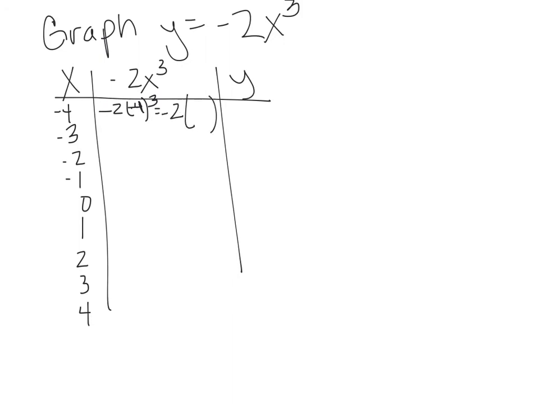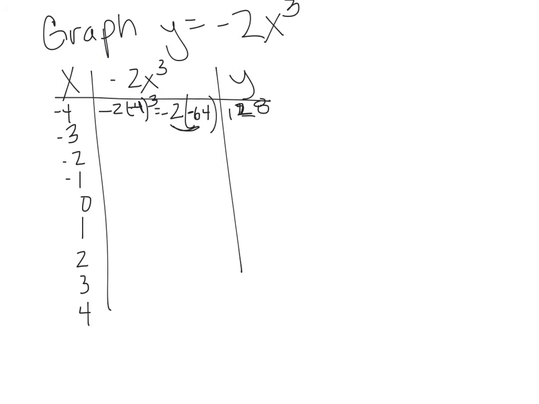And negative 4 to the third is going to be a negative 64. So then taking the negative 2 times the negative 64, I am going to get a positive 128, which is huge. But obviously the higher the exponents go, the bigger our numbers are going to become.